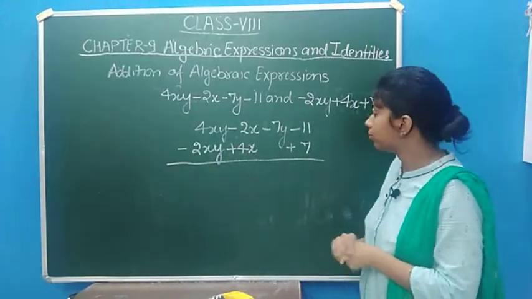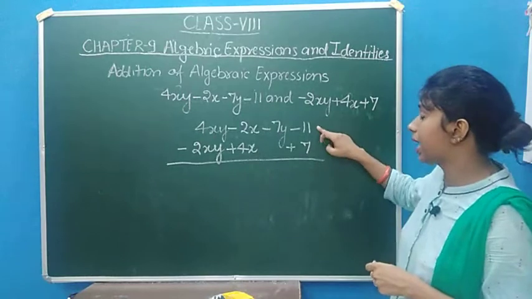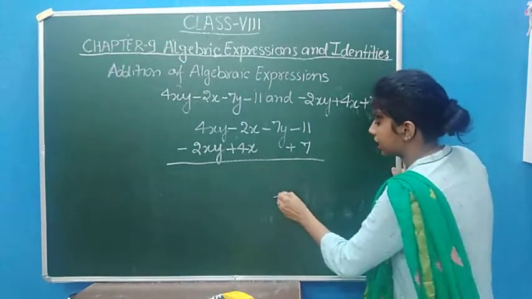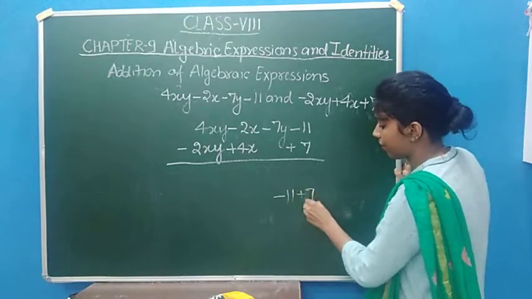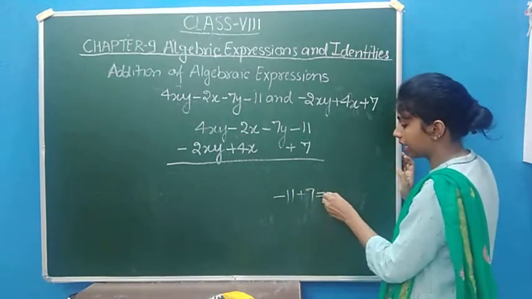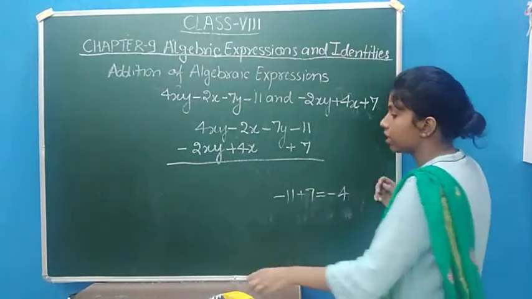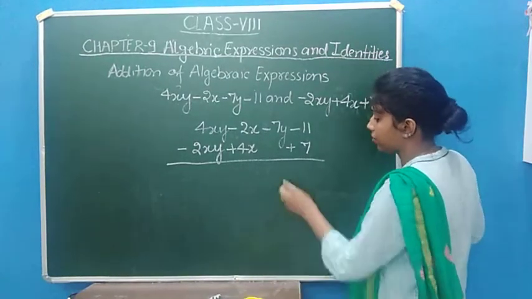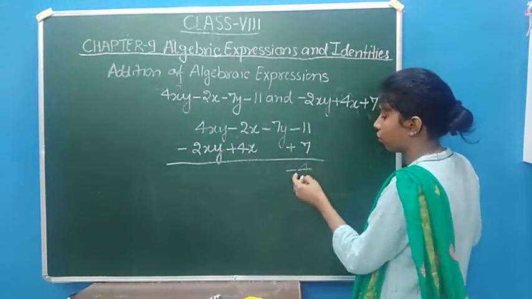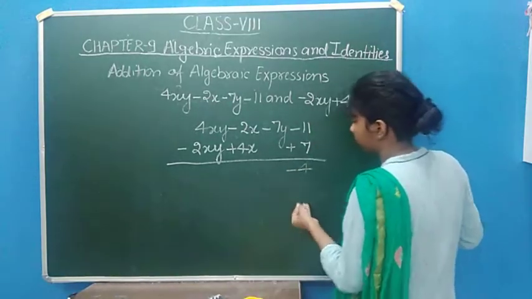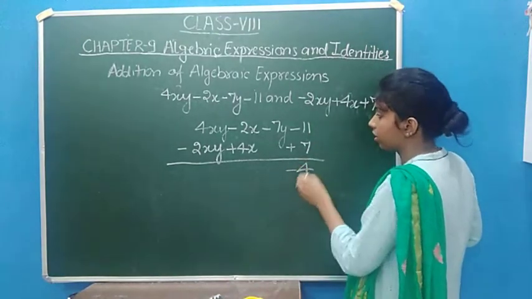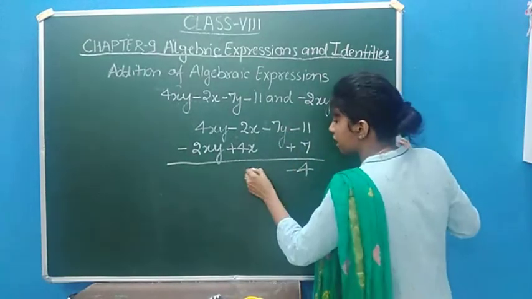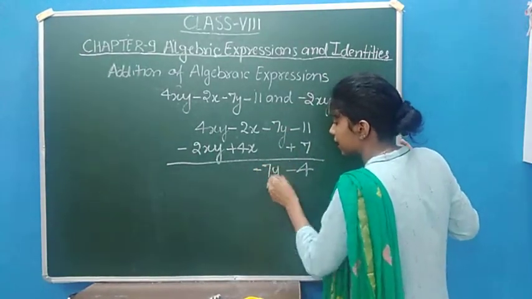So let's add. Whenever we add minus 11 plus 7, what do we get? Of course, we get minus 4. So we write minus 4. Now minus 7y plus 0 means we get the same, minus 7y.